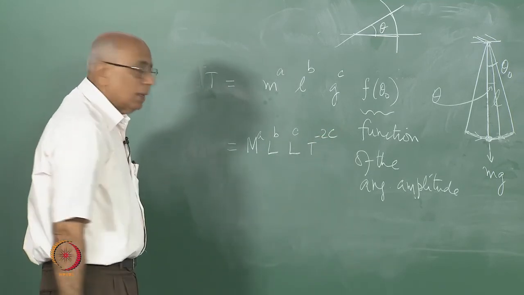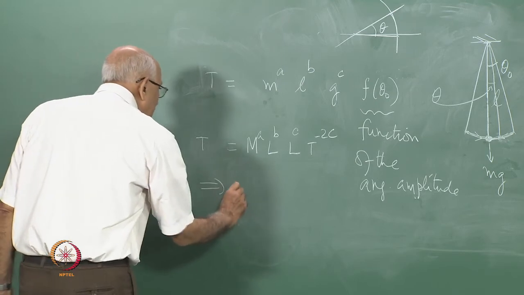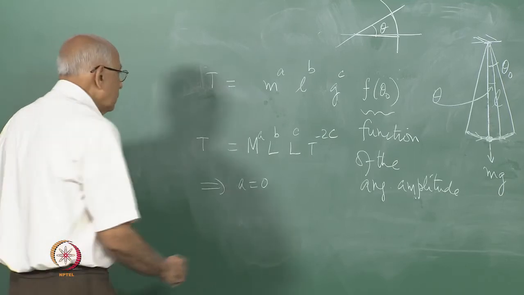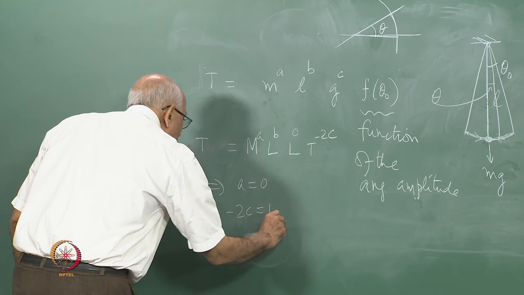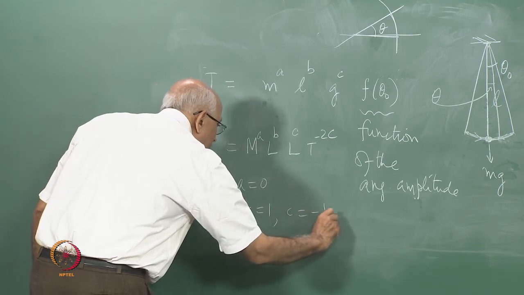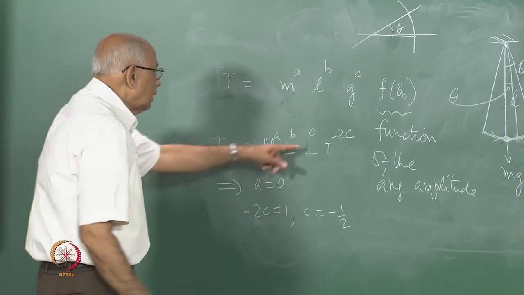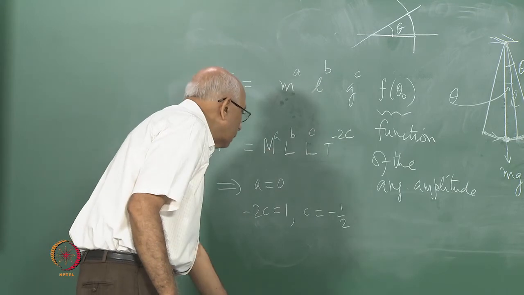And this should be equal to T, which will of course immediately imply that a must be equal to 0, minus 2c must be equal to 1, or c equal to minus a half, and that tells you what c here is.